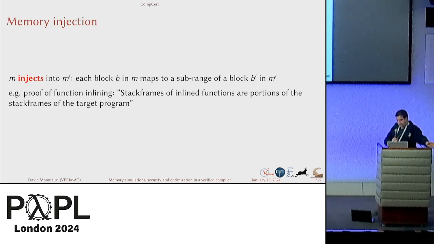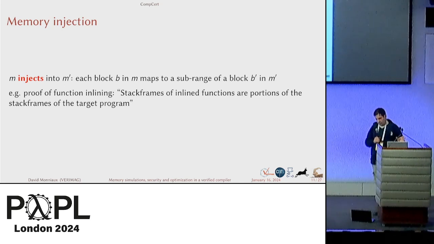Some other passes need some more complicated notion of matches between memory. It's called memory injection. It means that each block before the injection maps to a sub-block after the injection, or may actually map to nowhere.